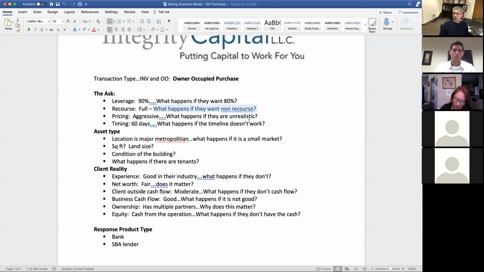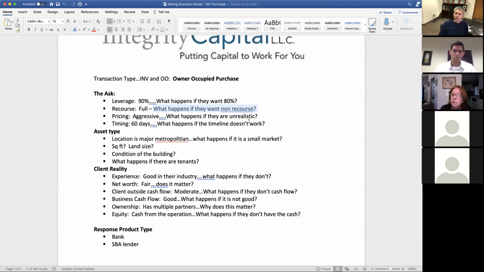Chances are 50. So if somebody wants to put 50% down and start looking at a non-recourse loan, that's a good starting place. It's not a guarantee.